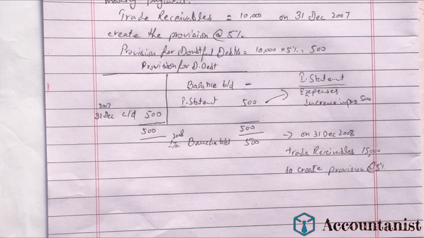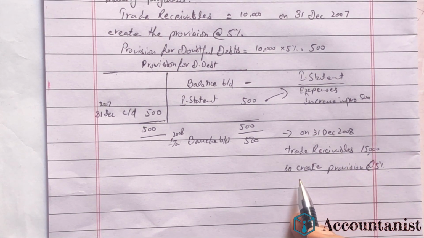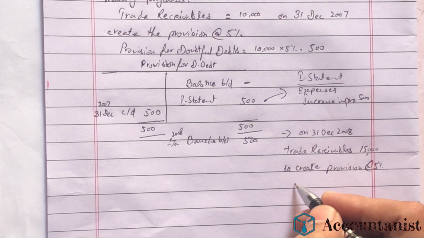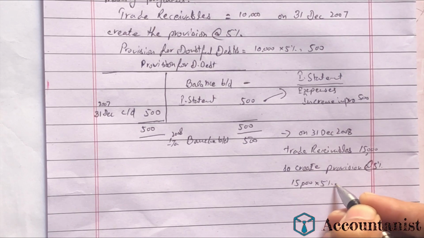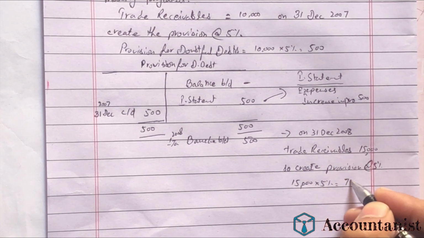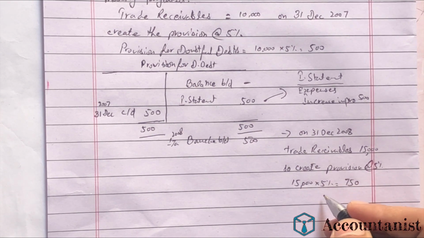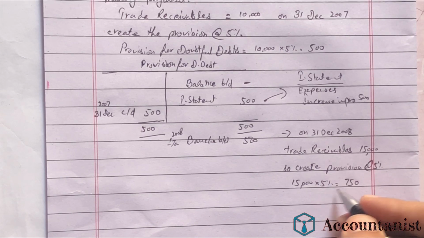So here we have the 15,000 balance now, and the provision percentage is the same as the previous. We calculate by multiplying 15,000 by 5%, so 15,000 multiplied by 5 divided by 100 gives us the figure of 750.